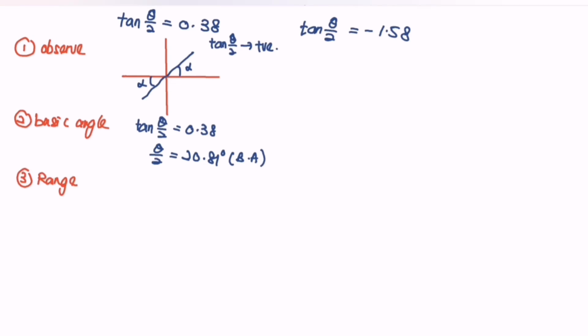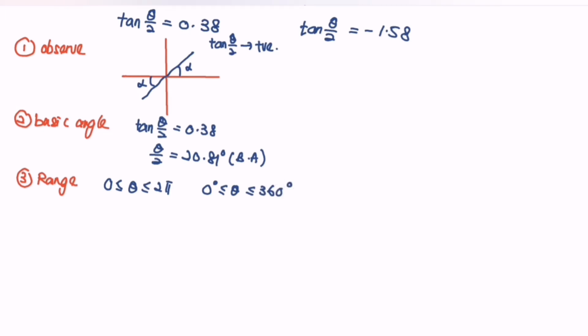Step number 3, we have to determine the range. So refer to the question. Question asks us to find from 0 until 2 pi. So my preference is using the angle. So my angle will be 0 degree until theta until 360 degree.